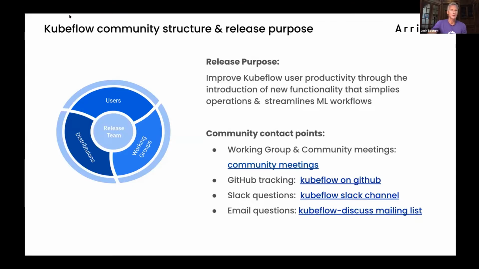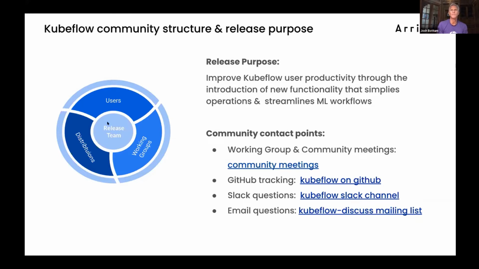In particular, my view here is that we'd start off with just talking a little bit about the community structure and why we even have releases. When you look at the community structure, we have users, we have working groups, we have the folks that produce the distributions.